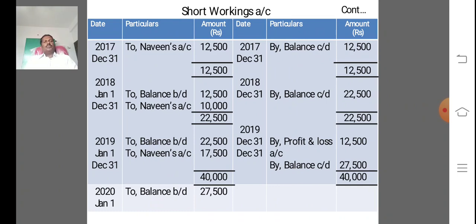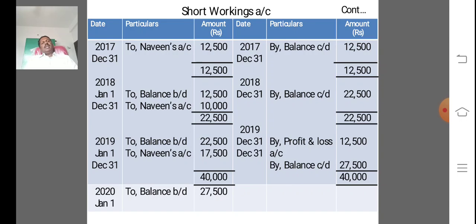Next, short workings account. In 2017, to Naveen's or landlord account 12,500. The total debit side is 12,500 and the credit balancing figure is called balance carry down 12,500.